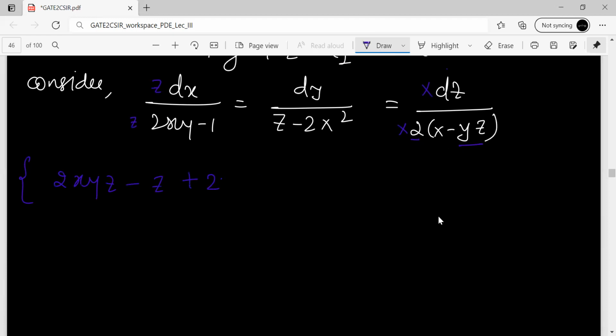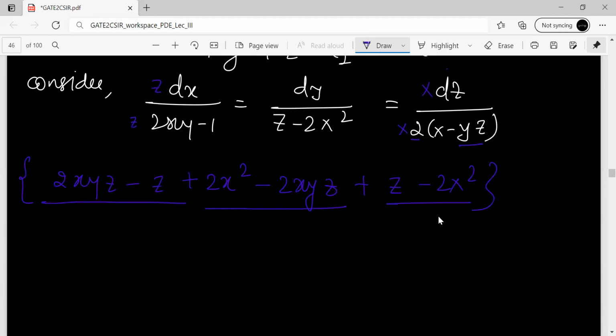So I'll be getting 2x square and then minus 2xyz. And now let's see what to do with this thing. I think this, if we add simply, we are done. Okay, so we just have to add in fact.